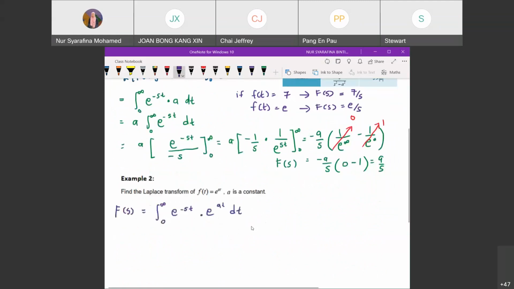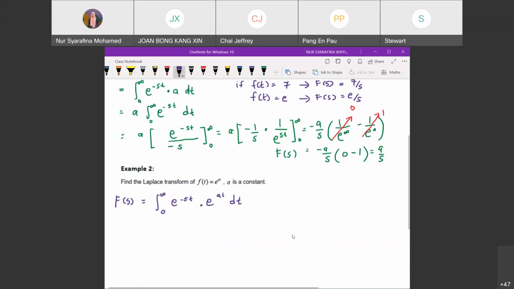So just integrate this. Simplify here, you have e to the power of minus (s minus a)t, dt.